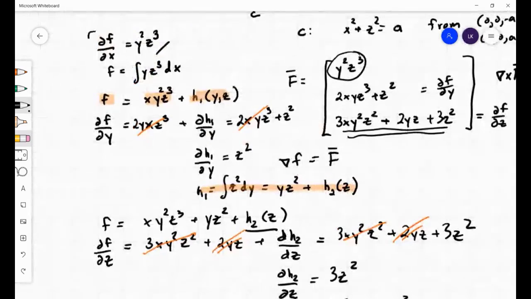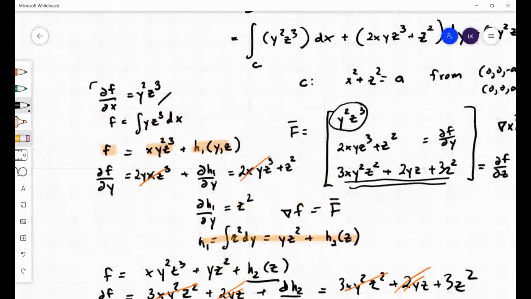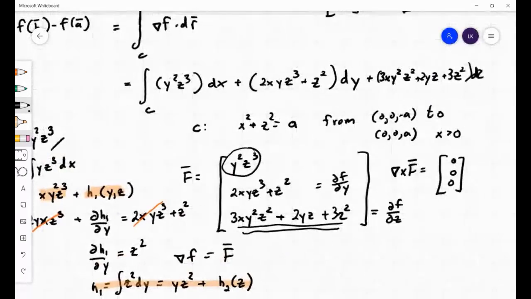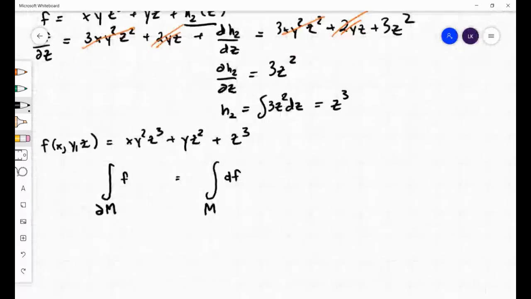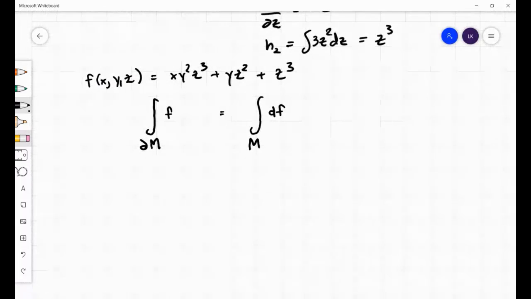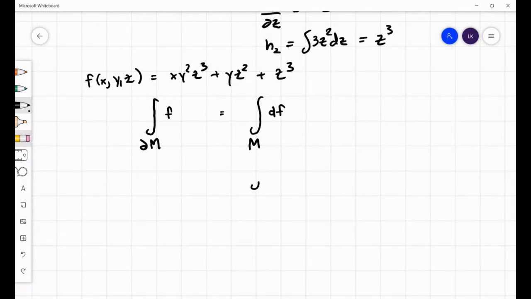Okay. So this was our original 1 form. Okay. So then apparently, well, I won't write them down, but our work integral is equivalent to the 0 form, but evaluated at the boundary.